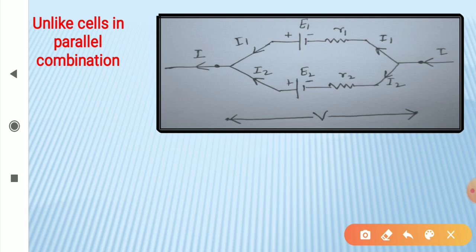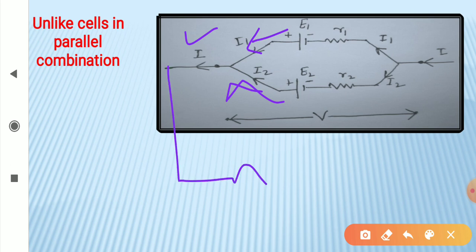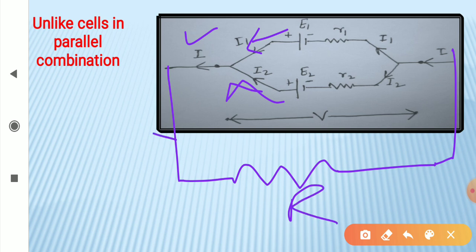See, cell E1 is giving current I1, cell E2 is giving current I2, and the external circuit is getting current I. And if I have a resistance R here like this, then this current I is passing through this external resistance, and at this point again I1 current goes back to E1, I2 current goes back to E2, like this.